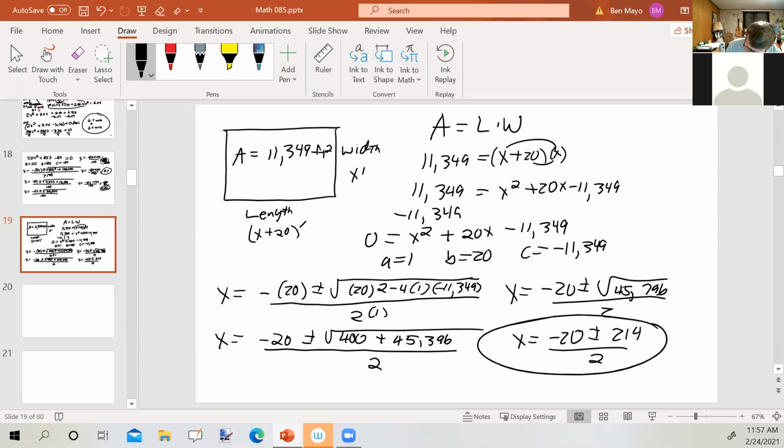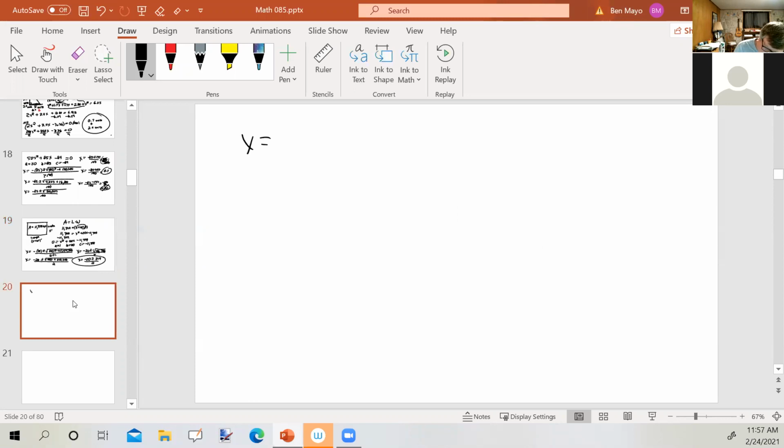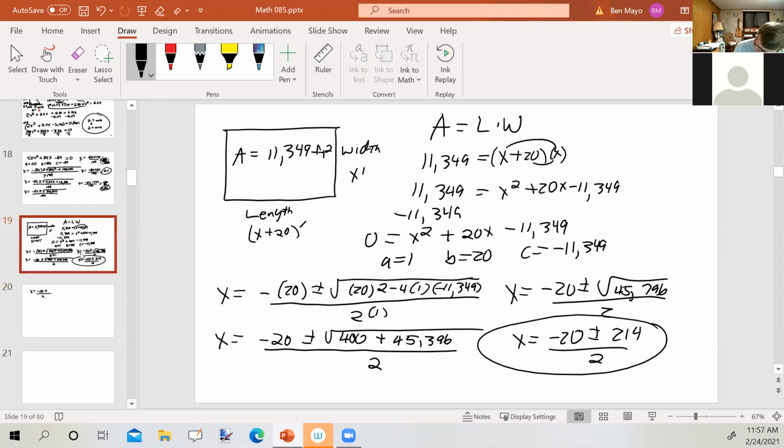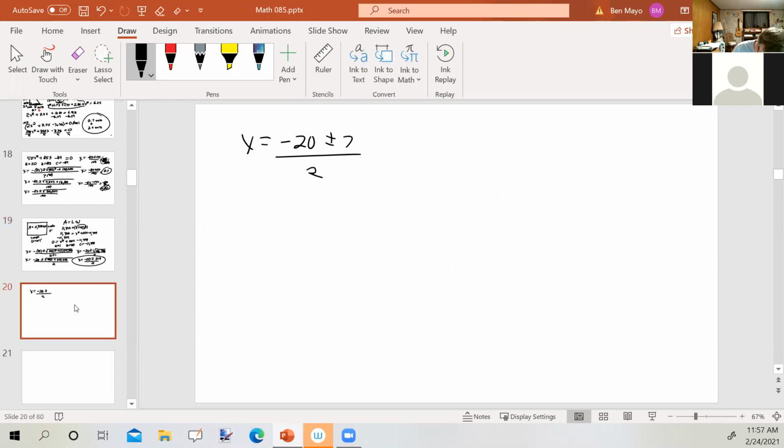So I'm going to take that and write that on the next page. X equals negative 20 plus or minus, let's see, was it 214 all over 2. So x is negative 20 plus 214 over 2. X is negative 20 minus 214 over 2.